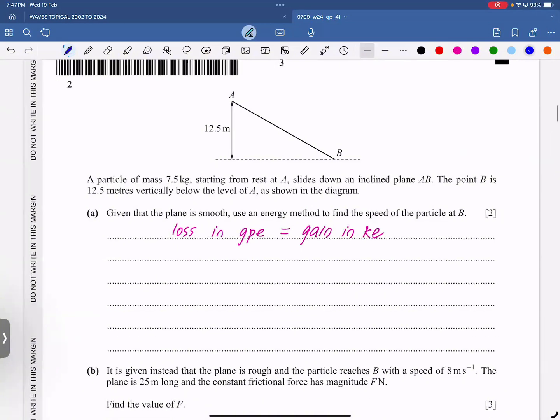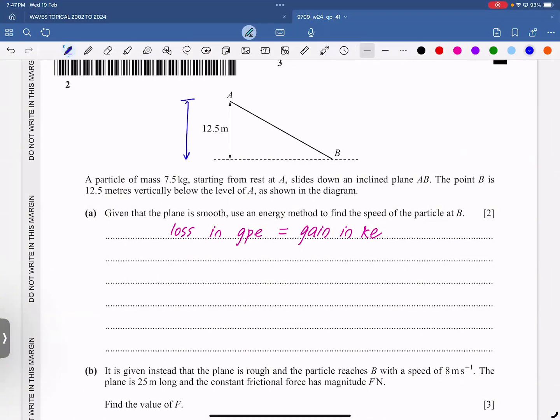Since it was already at a certain height, so it had GPE here. When it came down, it has lost GPE and it gained this velocity, so it has kinetic energy. So what do you say? You say loss in GPE is equal to gain in kinetic energy. Loss in GPE is mgh. Gain in kinetic energy is half mv square.